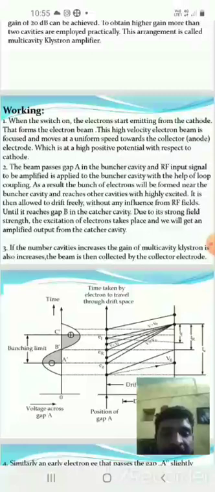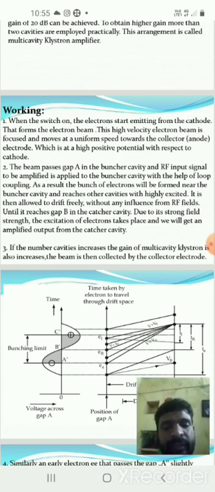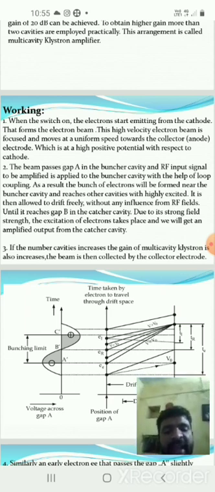If the number of cavities increases, the gain of the multi-cavity klystron also increases. The beam is then collected by the collector electrode. That means we start with the buncher cavity and end with the catcher cavity.